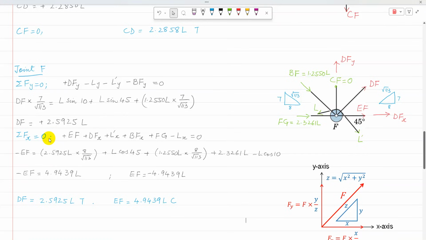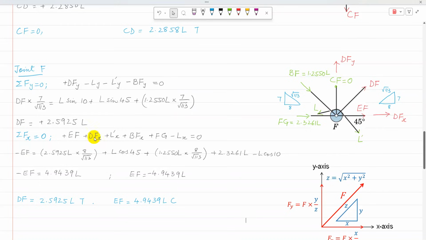Then applying sigma Fx equal to 0. DFx is positive, EF is positive, the component of L dash is also positive, the component of L is negative, FG is positive, and the component of BF is again positive. Then the whole equation can be written, taking EF on the other side, so minus EF.